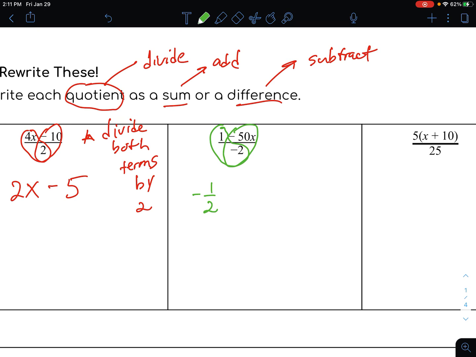And then -50x divided by -2, a negative divided by a negative is a positive, and so 50 divided by 2 would be 25, and then the x is there. So notice that became a sum. The quotient became now a problem that is adding. So in this case, we divided both terms by -2.